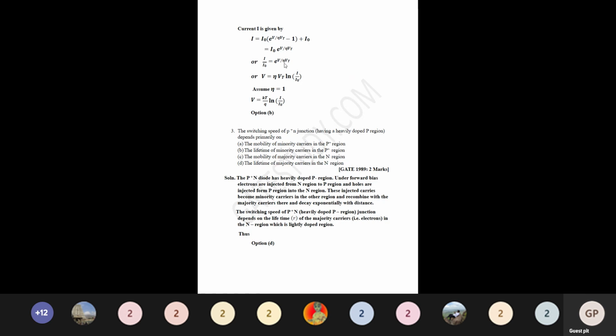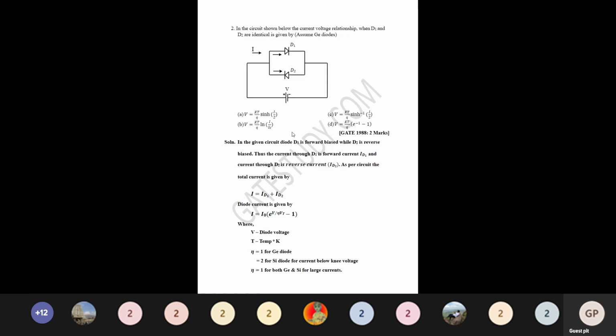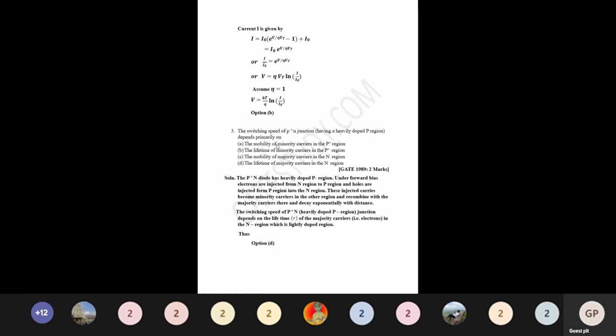So V is equal to eta Vt into ln of I by I naught. Now assume eta is equal to 1. Now Vt is KT by Q, so V is equal to KT by Q ln of I by I naught. So the correct option is B. That's the correct answer. Next problem.